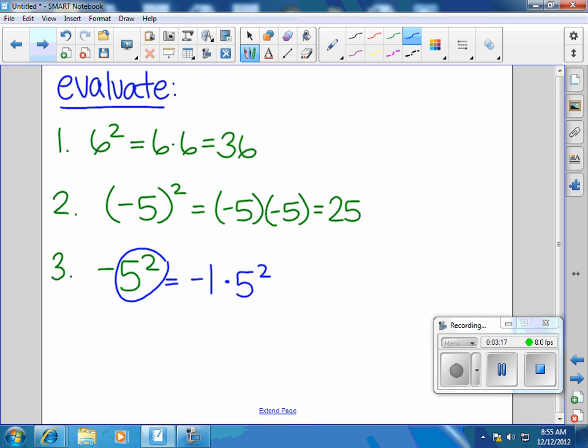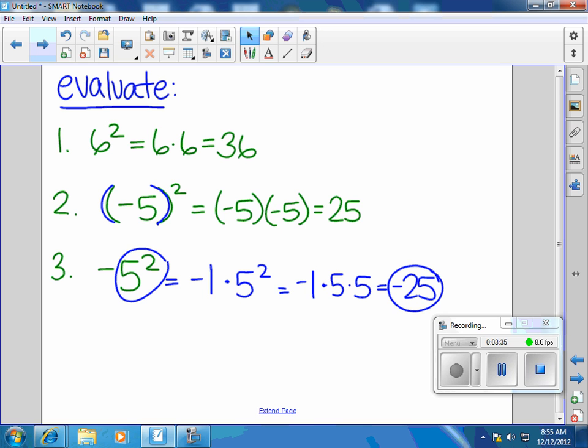By putting it in parentheses up here on this one, that tells us that the whole thing, the negative and the 5, are being squared. So for this one, I have negative 1 times 5 times 5. So you can see for this one we would end up with negative 25. So make sure that if you are typing it into your calculator, that you type it in with parentheses if your problem gives you parentheses.